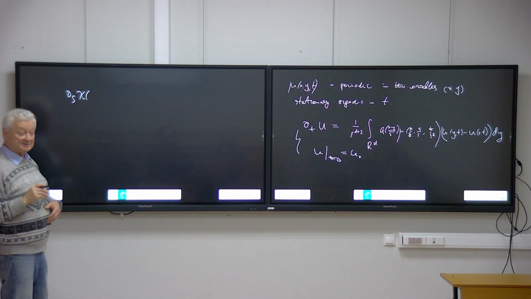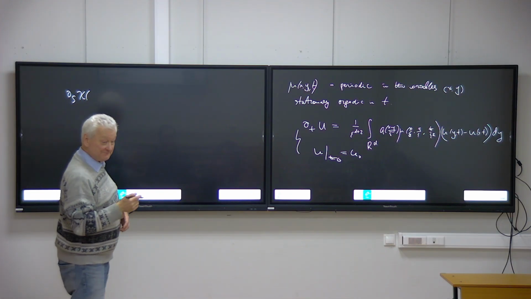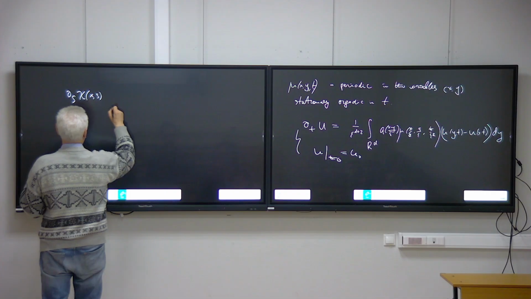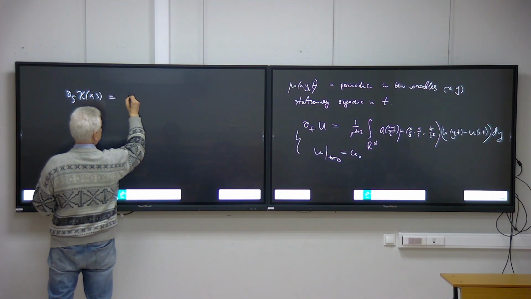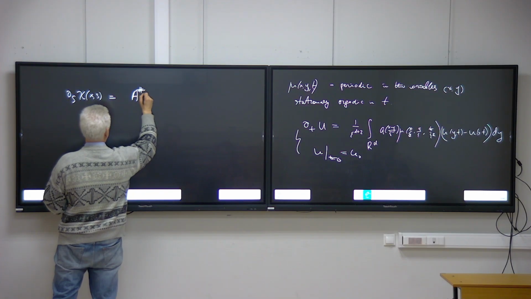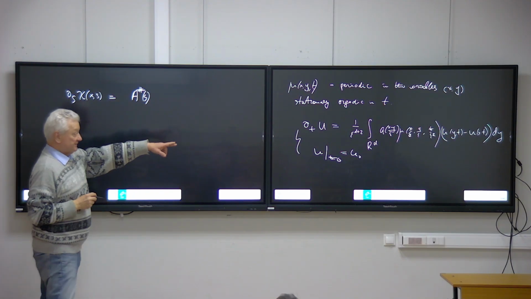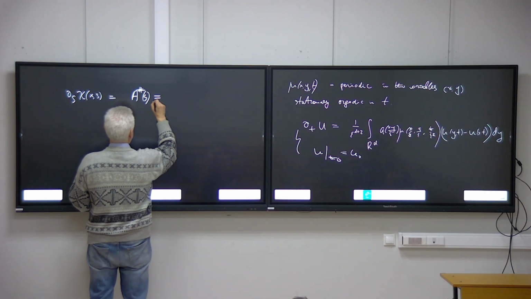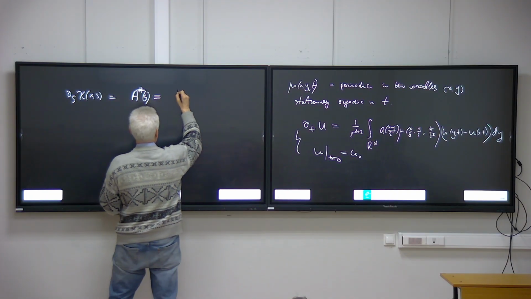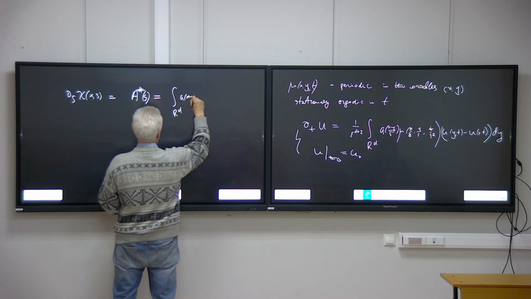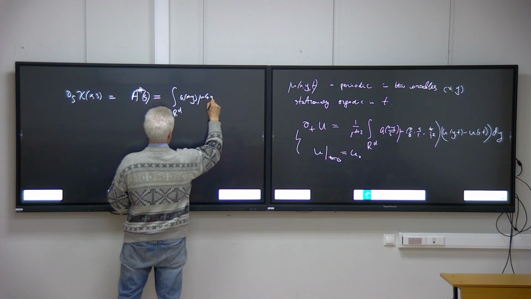Now chi is time dependent, chi of x, s is equal to the integral, let me write it like this, of s, because now the operator depends on s, which is equal to the integral over R^d, a of x minus y, mu of x, y, s.